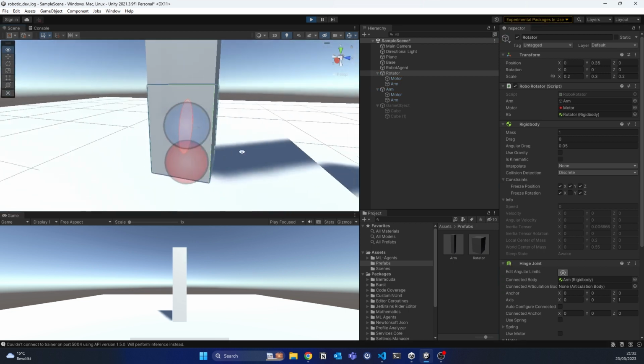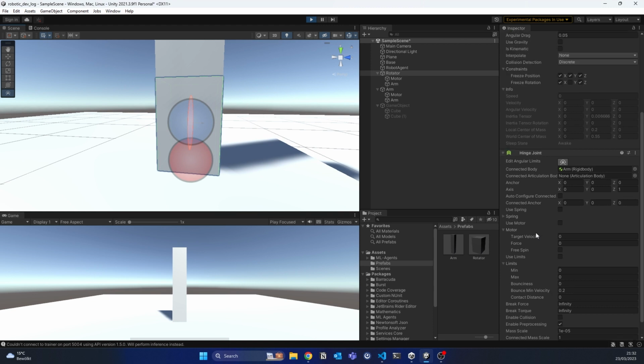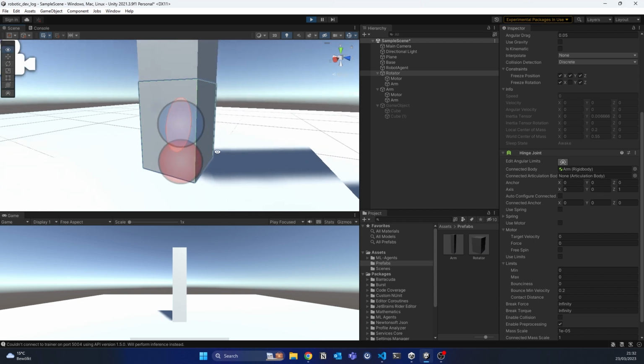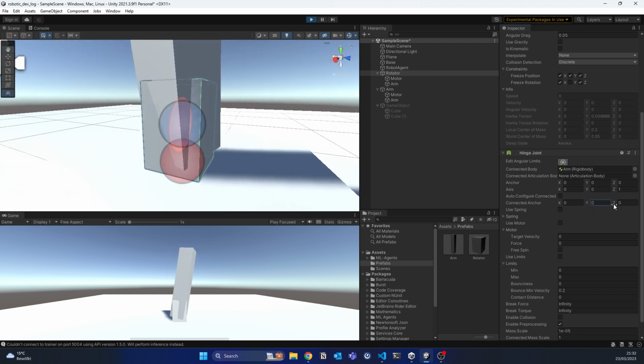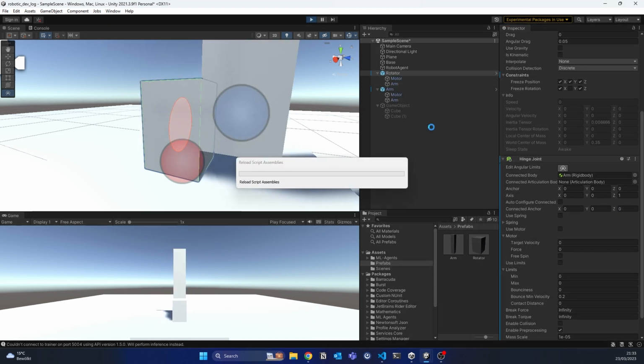Oops. What happened? This just jumped over. Okay. I think we have to... Something is not quite right.